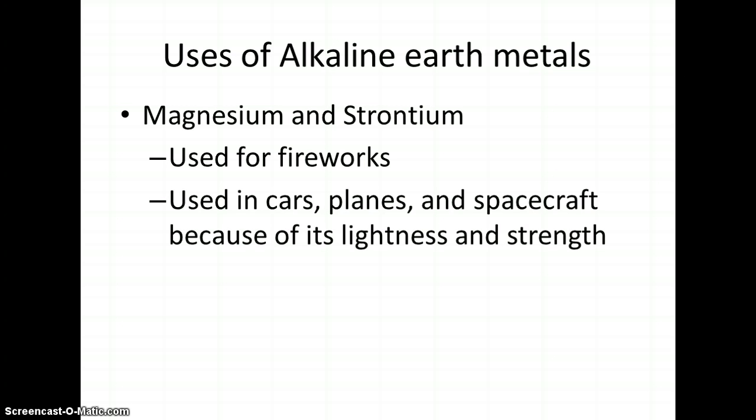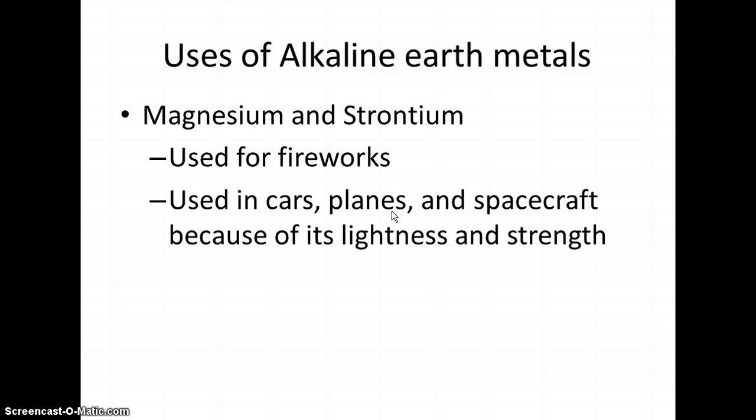The next thing that's going to pop up, magnesium. You want to make sure to clarify. Magnesium is the only one out of these 2 that is used in cars, planes, and spacecrafts. So magnesium is the word you want to associate with being used in cars, planes, and spacecrafts. Magnesium is an extremely light metal, light meaning it doesn't weigh as much.